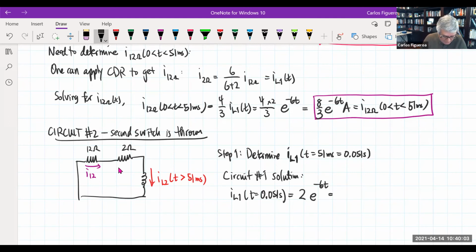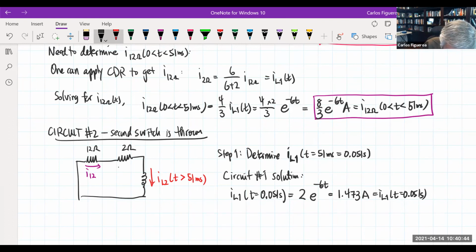Here, you got to be careful. Let's see if I get my calculator right. Okay, I get 1.473 if I round, and that's going to be amps. So that's my new initial condition, and this is at t equal to 0.051 seconds.